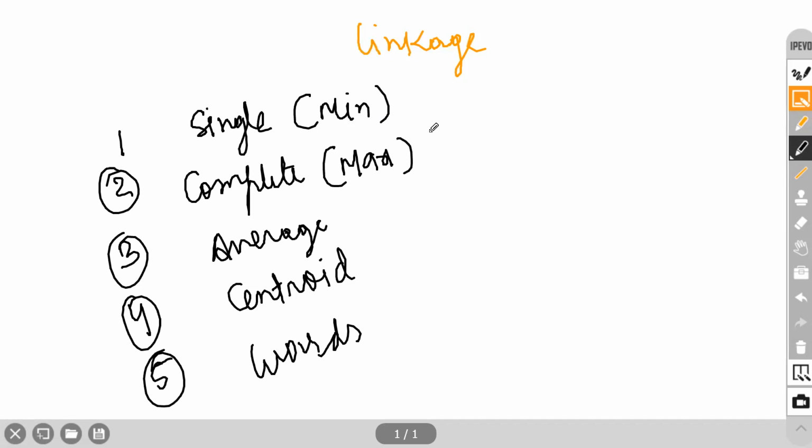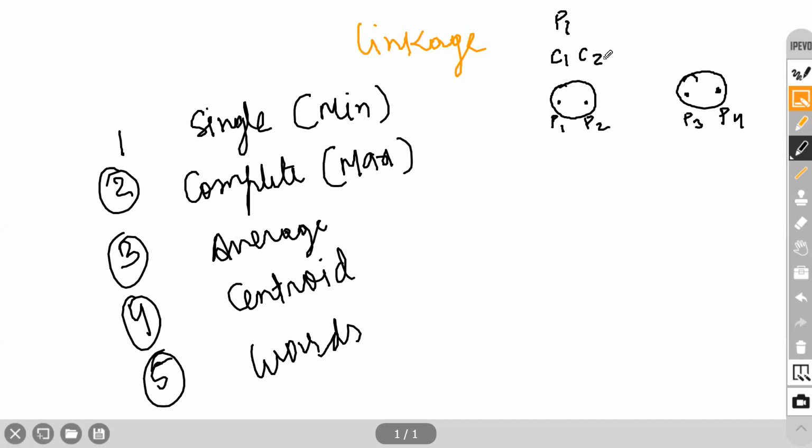So single linkage means that suppose these are two clusters. I told you it is ambiguous how I will be measuring it. Suppose there is a point here and a point here. Suppose this is point P1, this is P2, this is P3, and this is P4. You measure the distance from all the points, like from P1, which belongs to cluster 1, to the points of cluster 2.